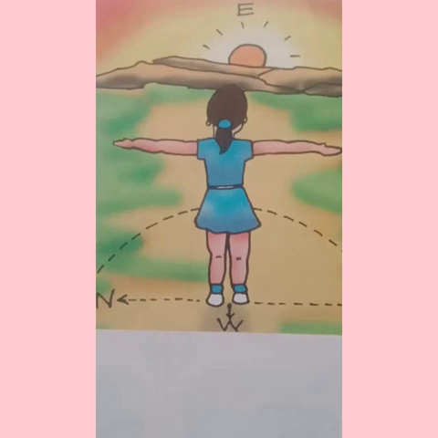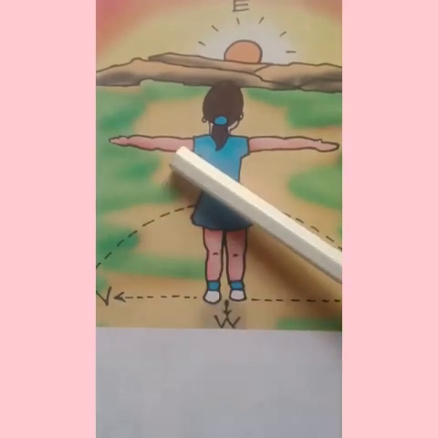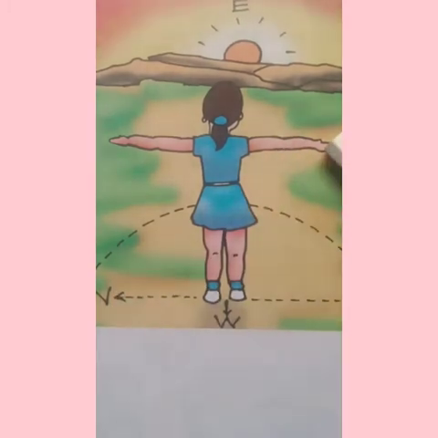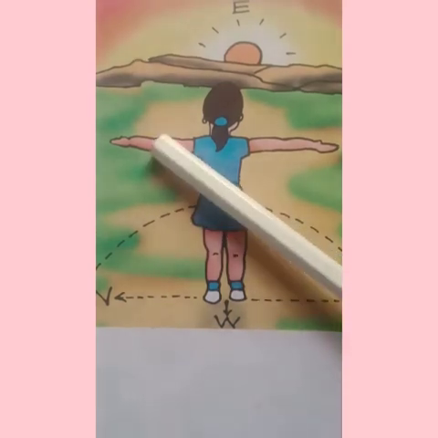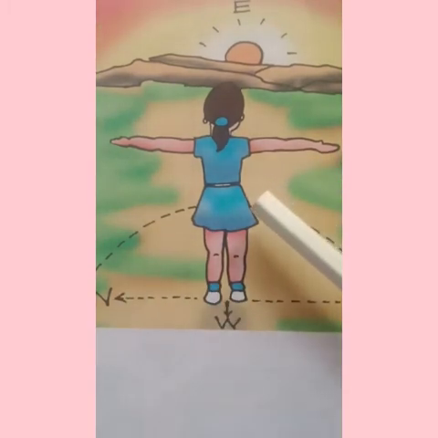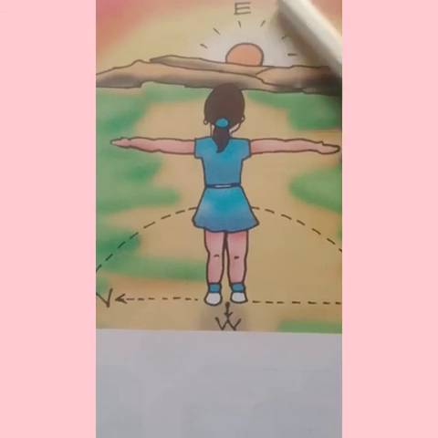You have lifted your two hands, right? Yes. Which is your right hand now? Your right hand will show the south and your left hand will show the north direction. Your back is west, in front is east.